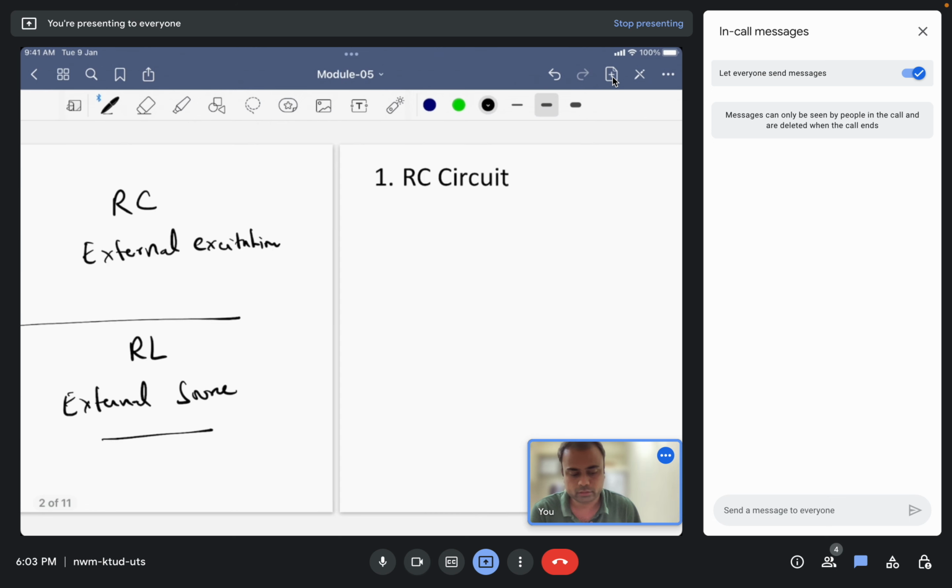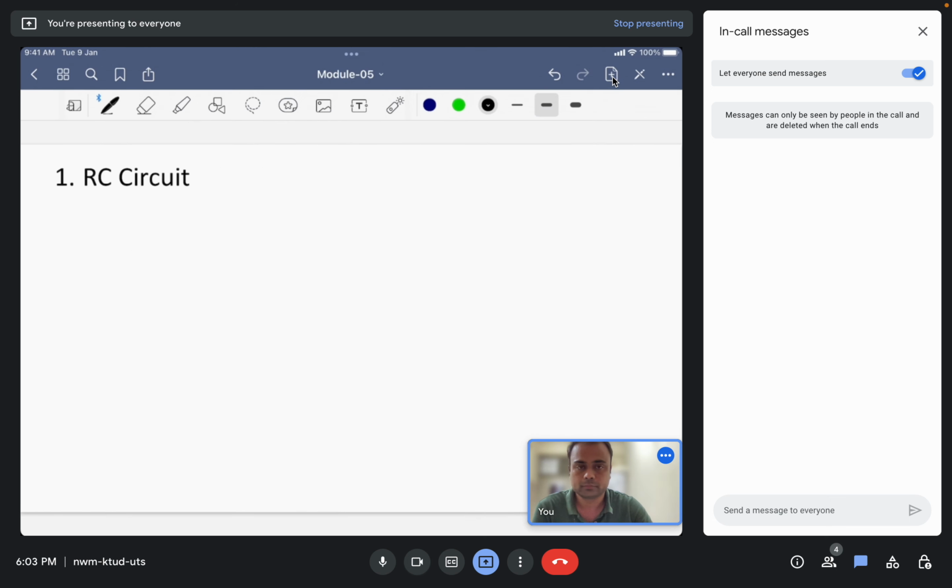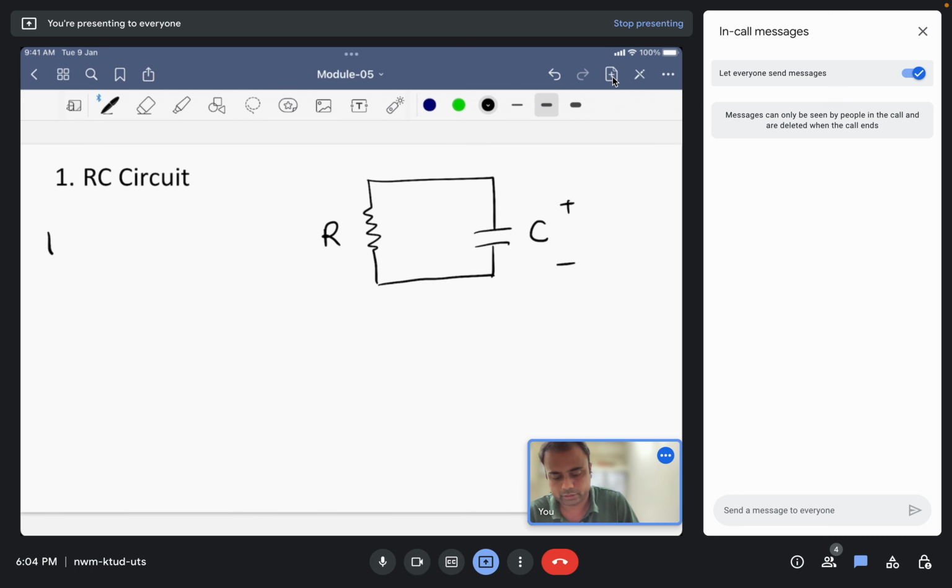So let us start. First of all, we will see the RC circuit. I'll give a brief introduction about this RC circuit and the important formulas required to solve some problems. An RC circuit, as the name suggests, consists of a resistor connected in series with a capacitor, where the resistance is denoted by R and the capacitance by C. Since this is a self-excited circuit, at time t equals 0 the capacitor is already charged.